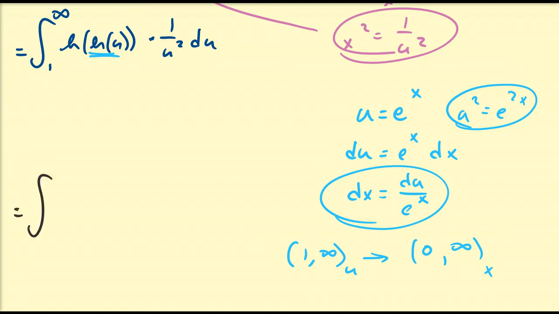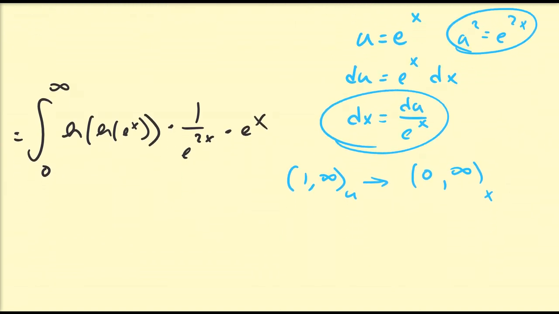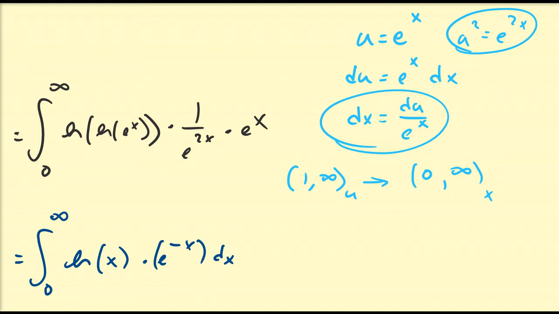So our integral turns into the integral from 0 to infinity of the natural log of e to the x, times 1 over e to the 2x, times e to the x dx. And what do we have? So this integral should begin to look familiar. It's going to be equal to the integral of the natural log of x times e to the minus x dx, which again we know is going to be equal to the negative Euler-Mascheroni constant.